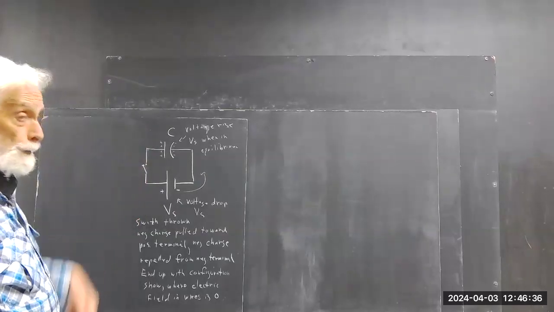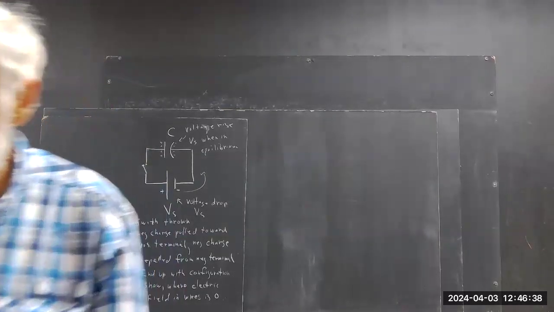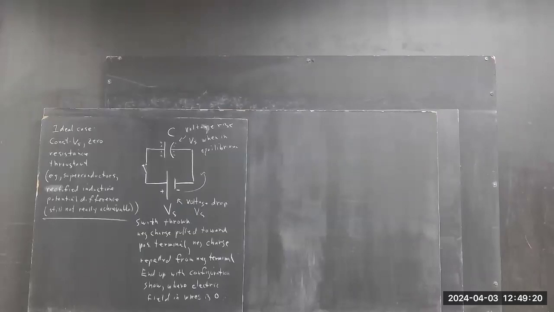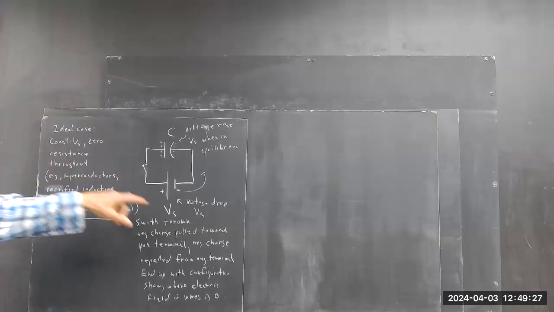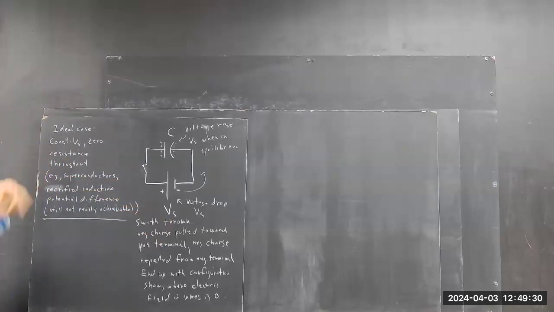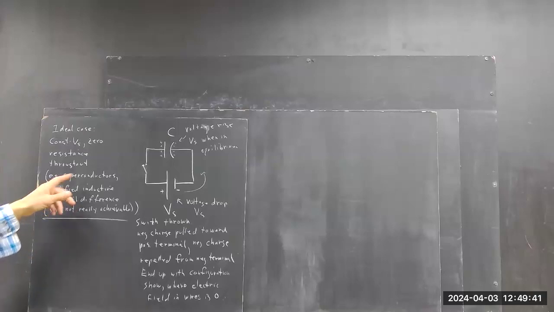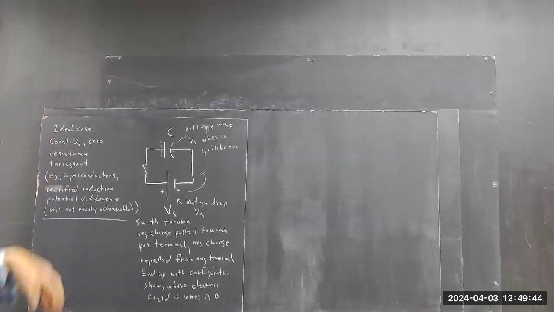So with this circuit, if there really was no resistance and we could maintain a constant voltage, we're thinking through an ideal case with a constant source voltage and zero resistance throughout. For example, put everything in liquid nitrogen and make everything superconducting.